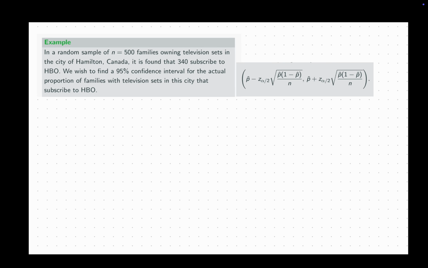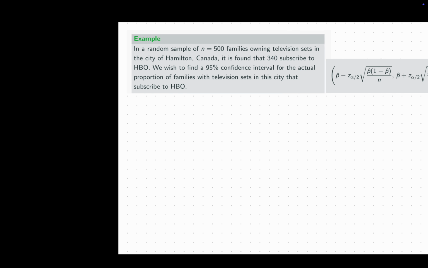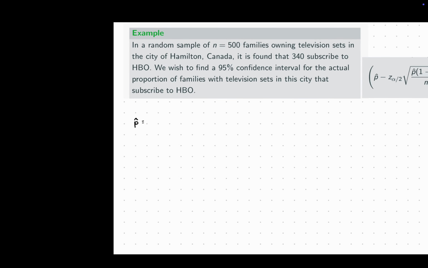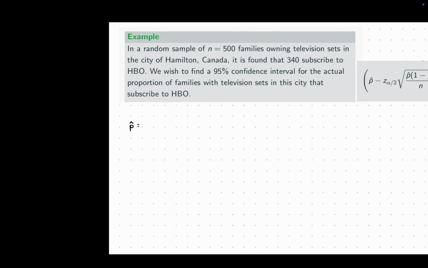So what we need to do, first we can find our p-value. Our proportion for our sample is given over here. Out of 500 we have 340, so that would just be 340 divided by 500, which is equal to 0.68.